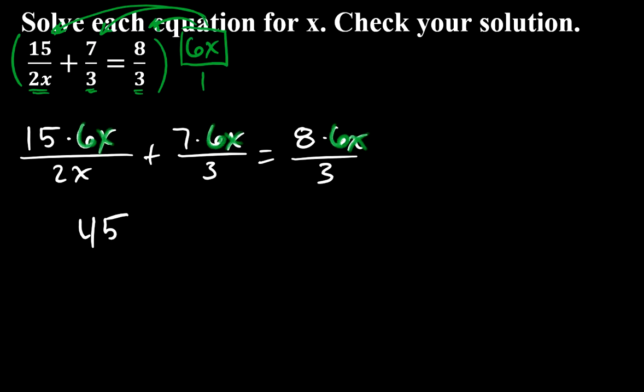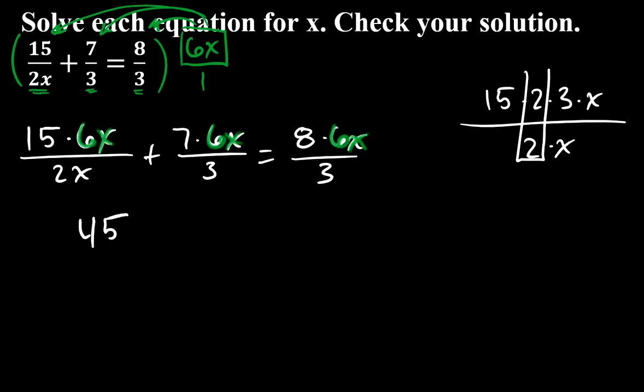This numerator is 15 times a 2 times a 3 times an x, and the denominator was a 2 times an x. When I combine the factor of 2 in both the numerator and denominator, that makes 1, and the factor of x in both makes 1 as well. So we're left with just 3 times 15, which is 45.